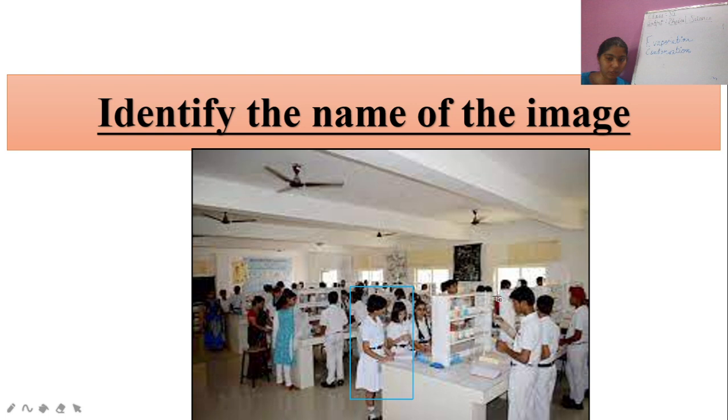So students, we have an activity we are going to do. We have taken half a glass of water, students, you can see. Okay, now I'm going to add 1 spoon of salt into it.